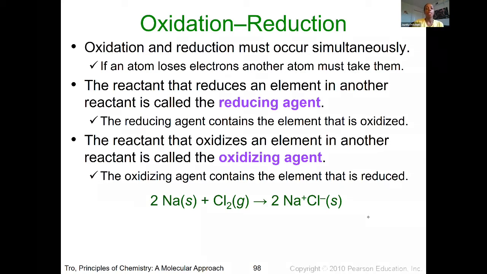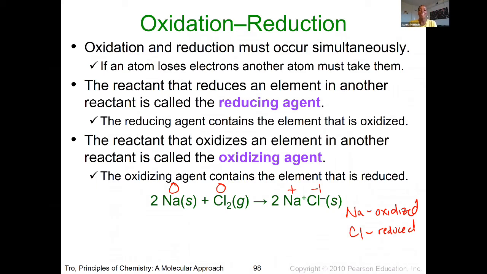Okay, so in this example, we would say that sodium has a 0 charge, chlorine also 0, elements by itself, and then as they form this compound, sodium becomes +1, chlorine becomes -1. So sodium has lost electrons, so it became oxidized. And then chlorine has gained electrons, so it is reduced.